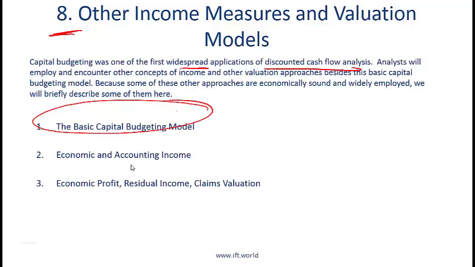And in the context of other methods, we'll talk about the distinction between economic and accounting income. And then we'll also talk about deciding on projects, what to do, what not to do based on economic profit, residual income, and claims valuation. This connects with level 1 economics as well as with level 2 equity.